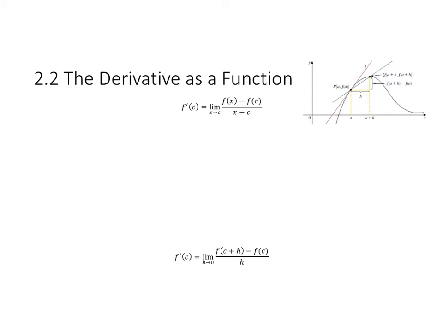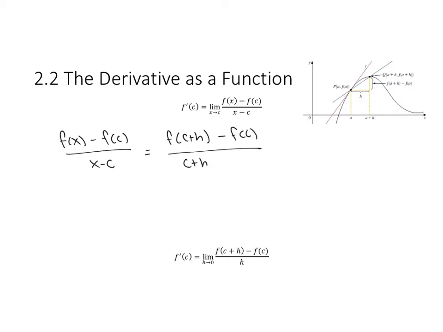To start, I'm going to take this f of x minus f of c all over x minus c, and we're going to substitute in c plus h for x. So f of c plus h minus f of c all over c plus h minus c.